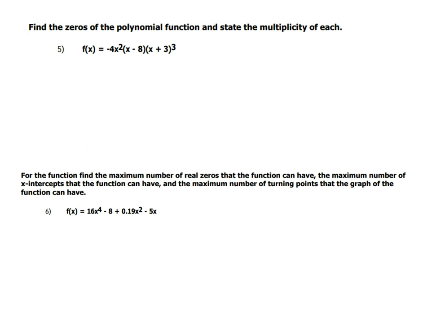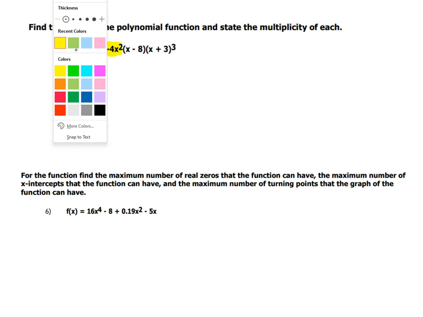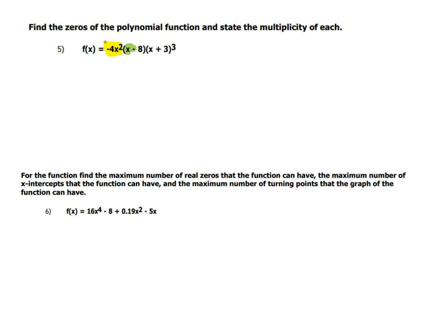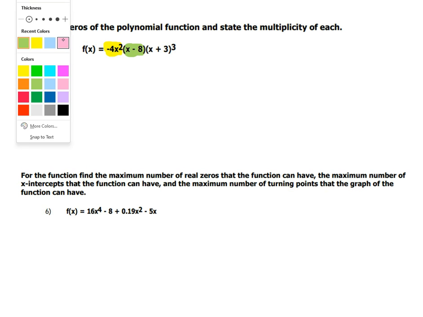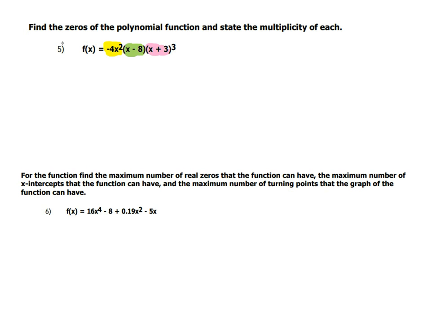Okay, 5 says find the zeros of the polynomial function and state the multiplicity. Okay, I've got 3 factors. I have this negative 4x squared. I have an x minus 8, and I have an x plus 3 to the 3rd power.